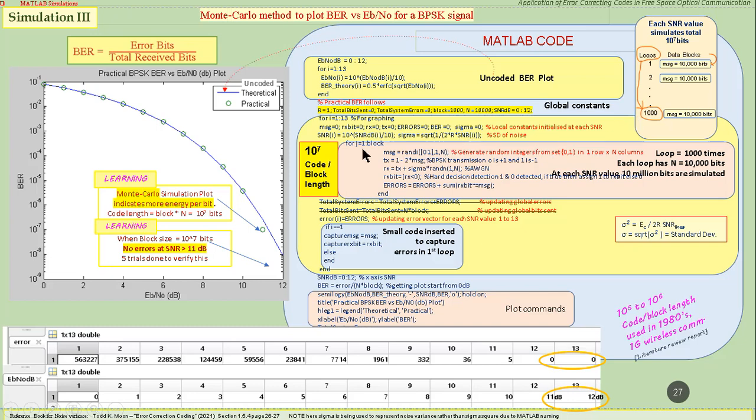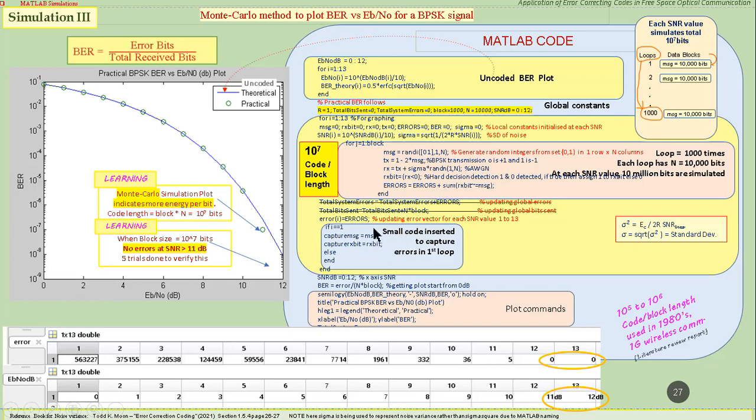So this block runs 1,000 times. Every time 10,000 bits will be crunched and errors will be added on. So when this loop finishes, we'll have 10 to power 7 bits sent at the 0 dB level, and the total errors will be counted.